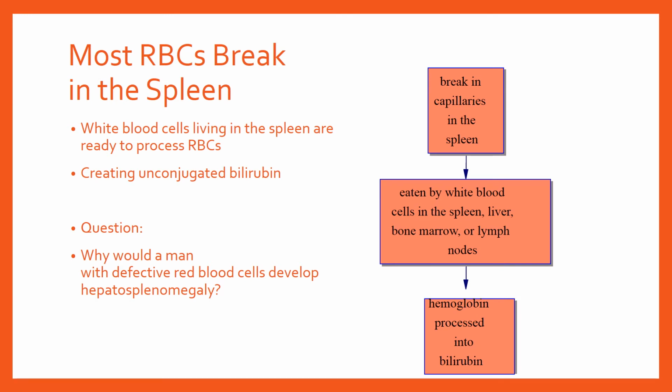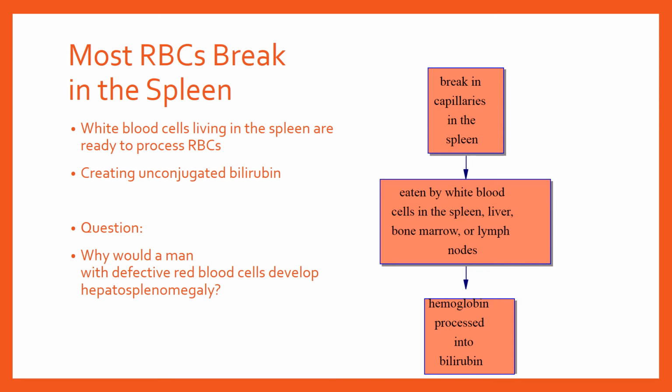Most red blood cells will break down in the spleen, and certain types of leukocytes in the spleen will process red blood cells, resulting in creation of unconjugated bilirubin.